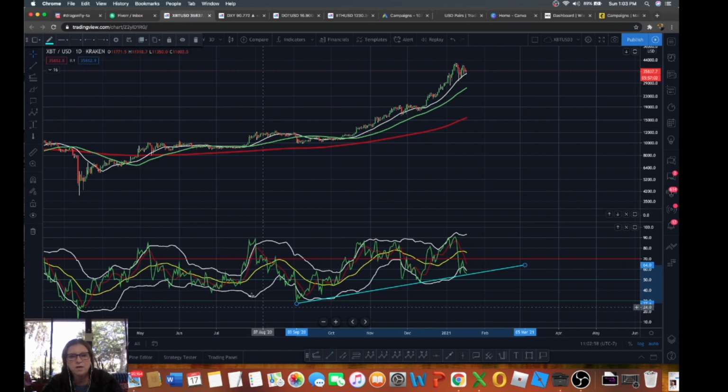But even if we come down and break it and we hit the 30, we'll drag the band with us. It'll straighten out. We'll make the pattern, and that will be a buying opportunity.